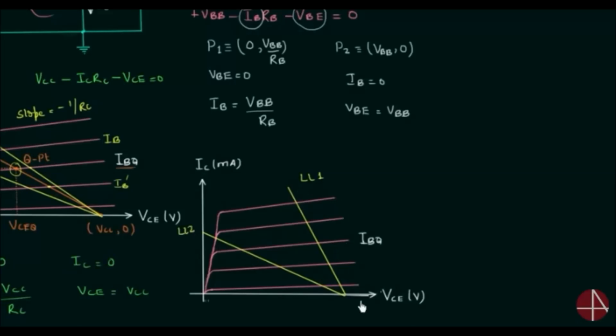In case of first load line, the point of intersection between the load line and the output characteristics for the particular base current is Q1, and in this case the operating point is Q2. The value of output voltage at this point is equal to VCC, the supply voltage.